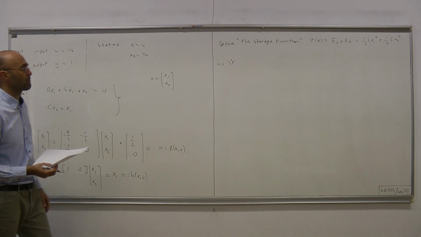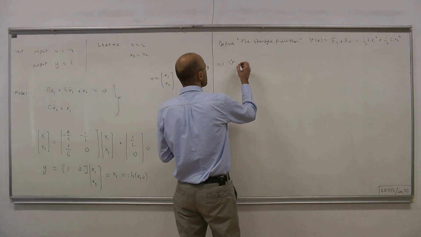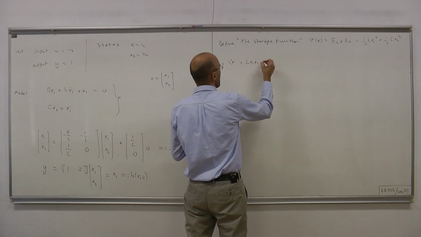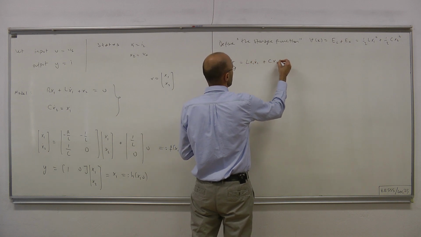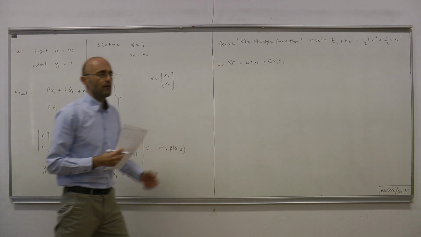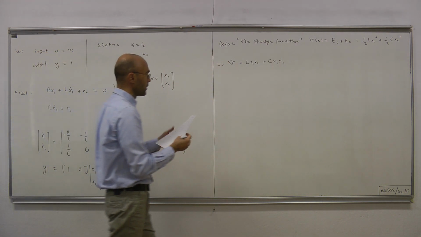And the system model is here. V dot equals L x1 x1 dot plus C x2 x2 dot.